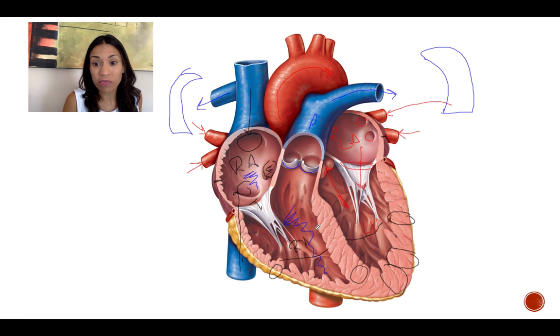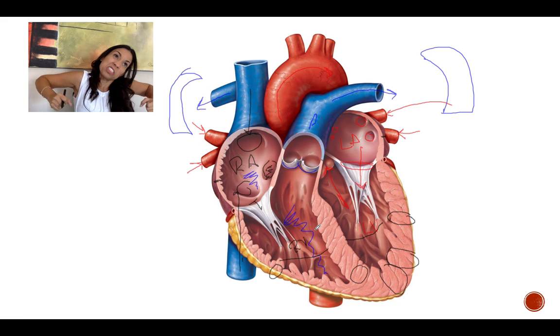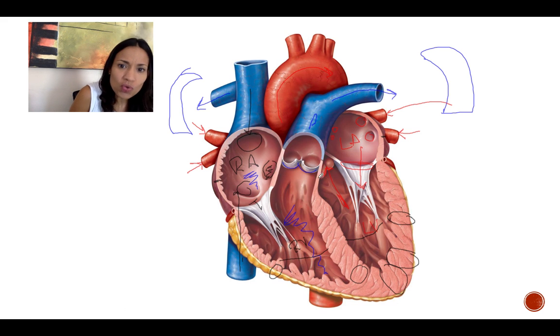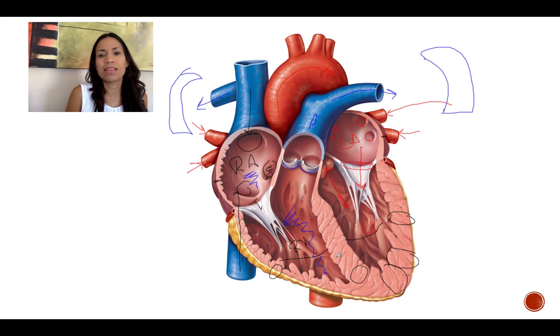But the left ventricle, even though it receives the same amount of volume, then has to contract with a really, really powerful contraction to pump it, to open the aortic semilunar valve into the aorta.